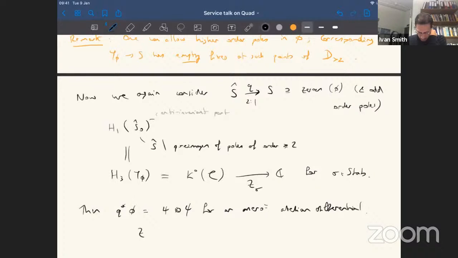So Z sigma of gamma is just given by integrating over gamma this psi, where gamma is in what is usually called the hat homology of S, which by definition was H1 of S hat 0 minus.